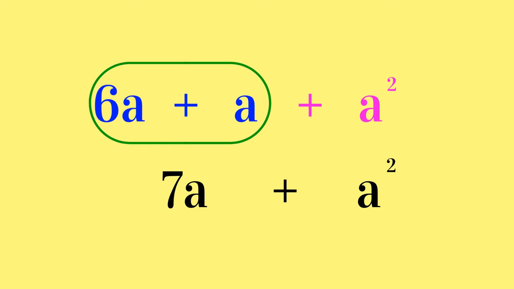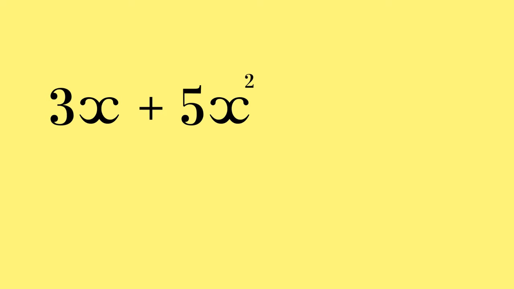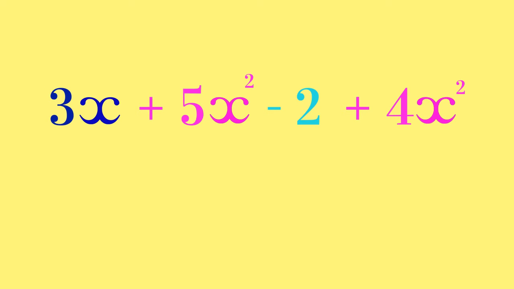Here is another example. If we have 3x add 5x squared subtract 2 add 4x squared. In this case, we can see there are three sets of like terms. 3x is by itself, as there are no other terms containing just an x.